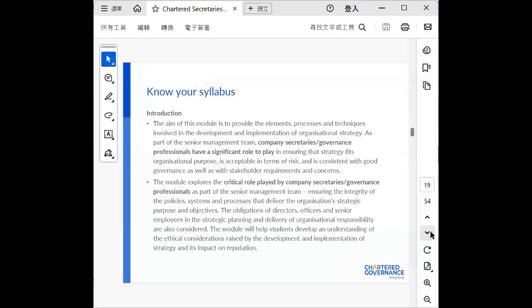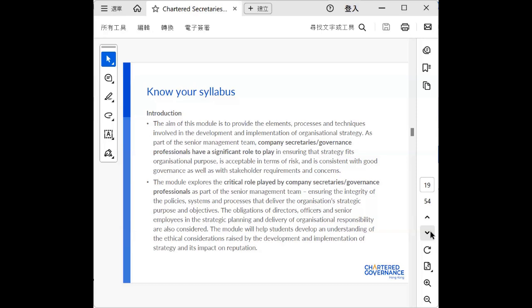Now, what is the aim of the module? If you understand the aim of the module, you may understand what the examiner wants to see from your answer. So the aim of this module is to provide the elements, process, and techniques involved in the development and implementation of organizational strategies.